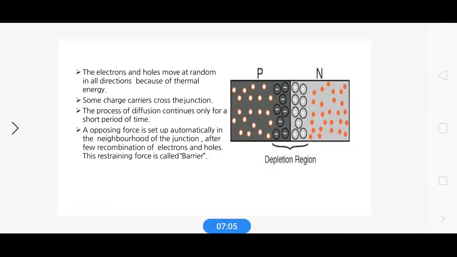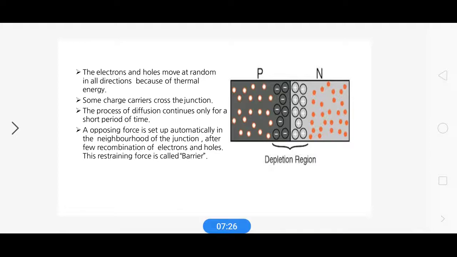So this diffusion of holes from the p region to the n region and of electrons from the n to the p region continues for a short period of time.